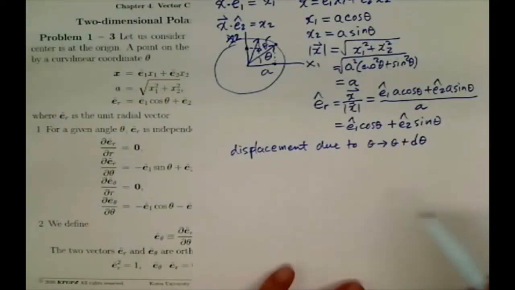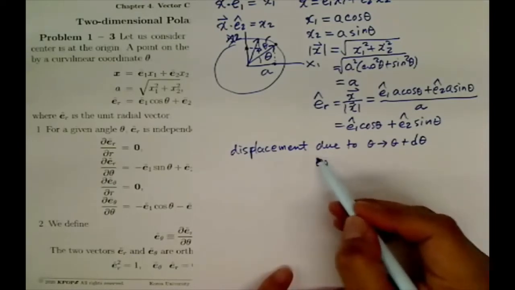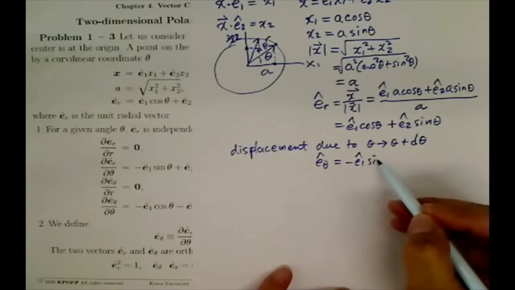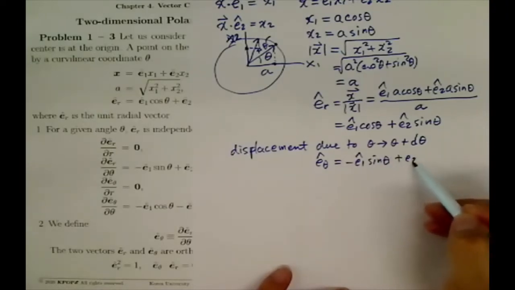And e theta has components: e1 hat sine theta, e2 hat cosine theta.